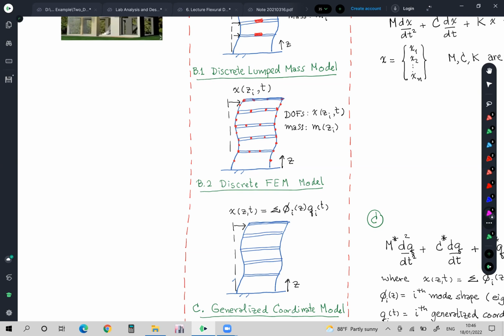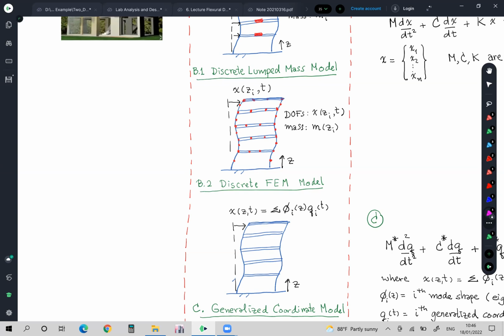And for each element, at the end of them you have some node, right? You call the end of your element a node. You have the node to connect one element to another element.